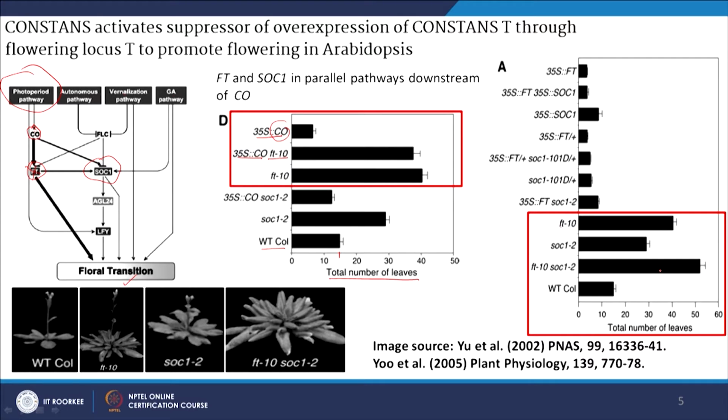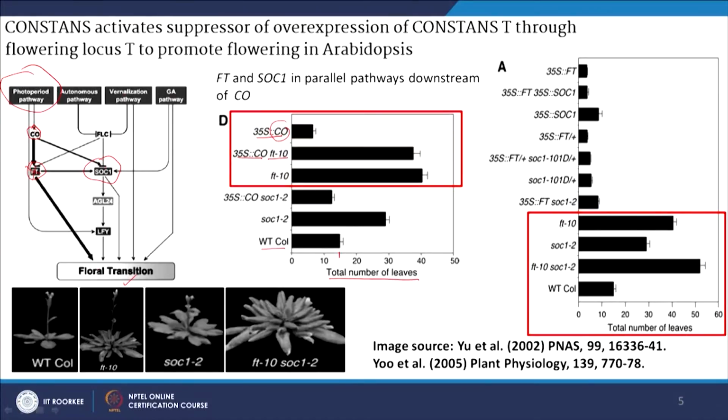This kind of phenotype is called an additive phenotype. Both mutants are showing an additive phenotype, which tells us that they are working in 2 independent pathways. FT is working through this pathway, SOC1 through that pathway. If you only mutate FT, there is an effect. If you only mutate SOC1, there is an effect, but if you mutate both parallel pathways, the effect is enhanced.